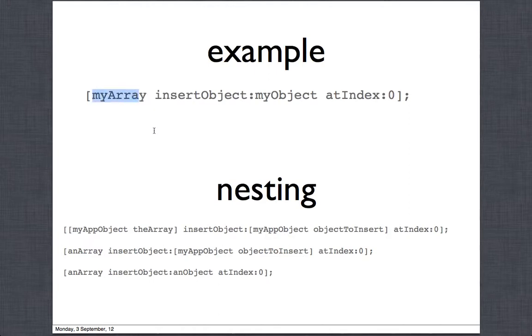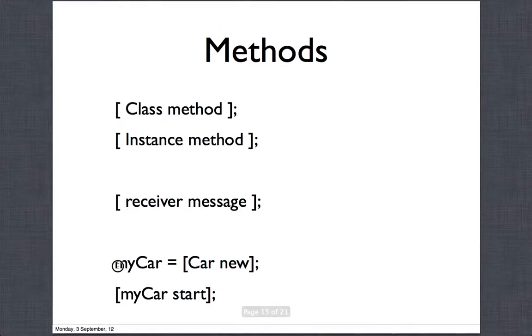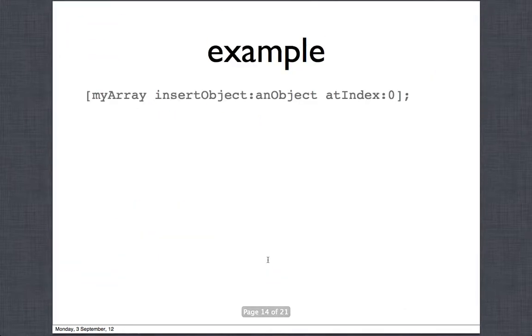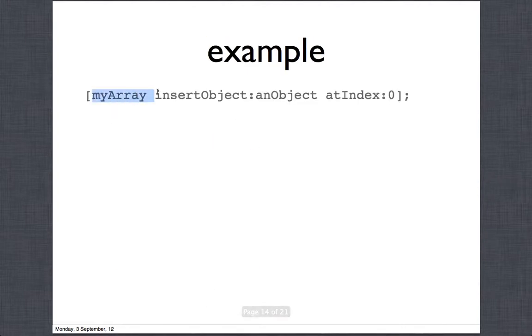So we needed to create it. A few lines before, we would have created this array, like we had here: myArray equals array new, and we will create a new array. We can nest it. We can put this creation of an array right there.